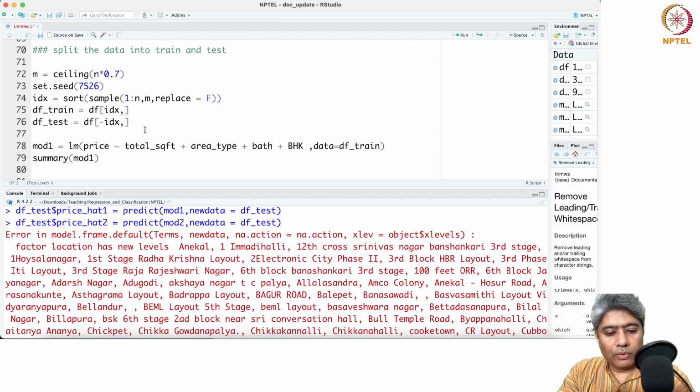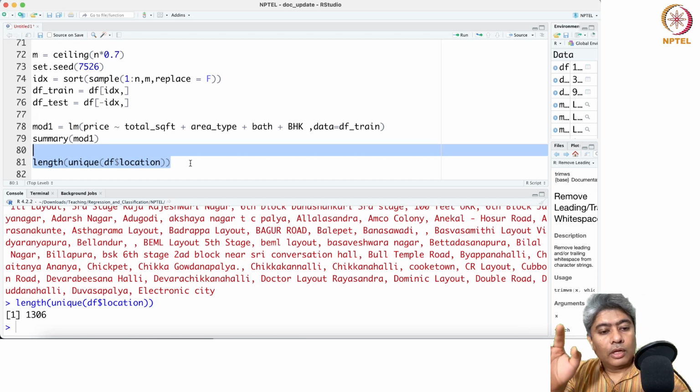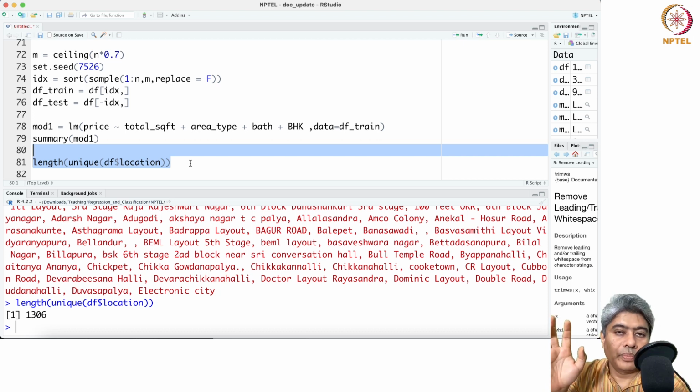In fact, we can look into the location: df dollar location, unique, length. There are 1306 unique locations.